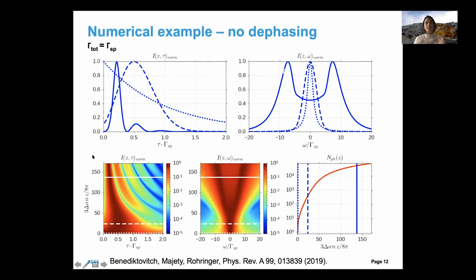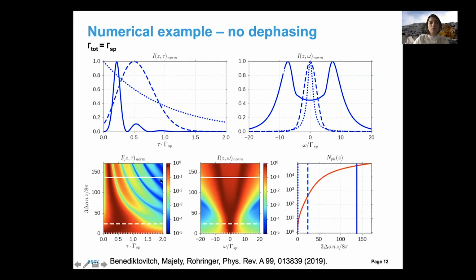So we can walk through different regions in this elongated system, or increase the optical length of the system, and then follow the emission features. For very optically thin samples, we recover spontaneous emission. You see here an exponential decay and an exponential intensity profile. In the spectral domain, we get a Lorentzian with the width corresponding to the spontaneous lifetime width of the transition.